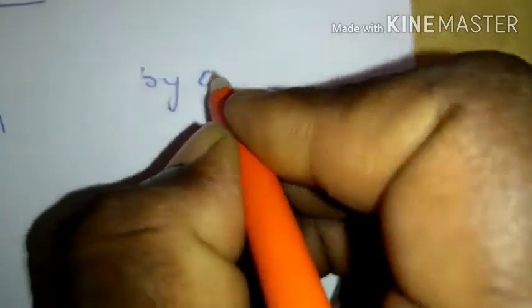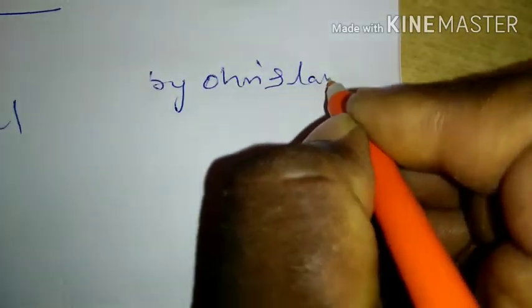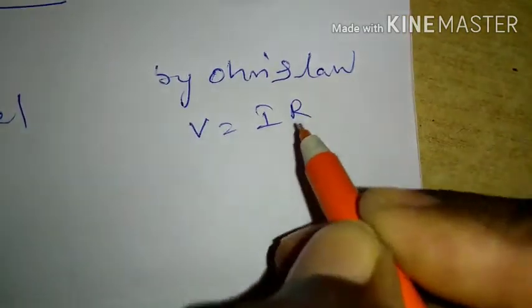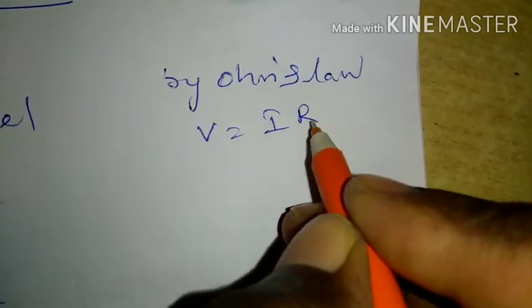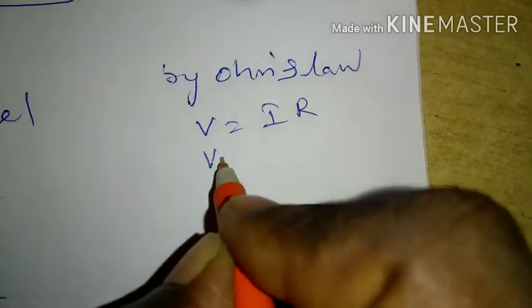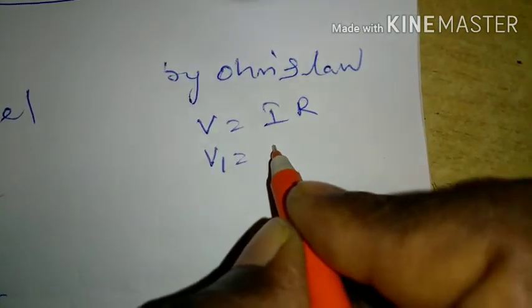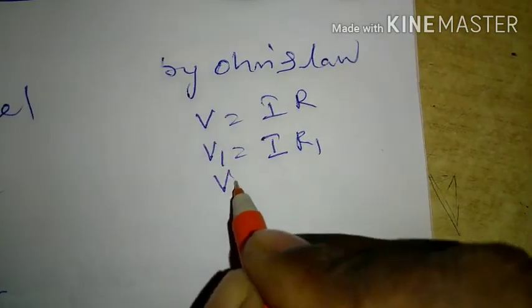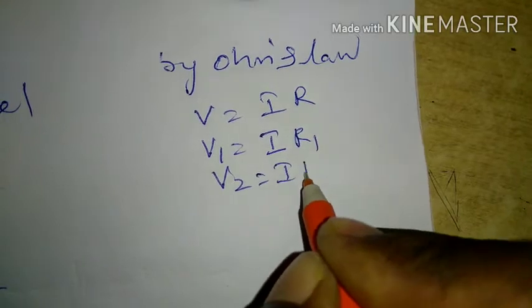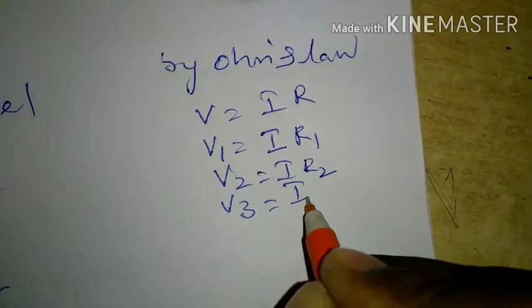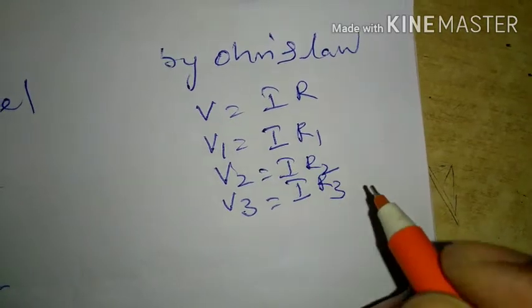By Ohm's law, V is equal to I into R. Note this point: V1 is equal to I into R1, V2 is equal to I into R2, V3 is equal to I into R3.